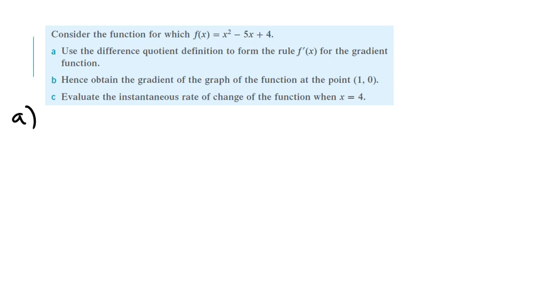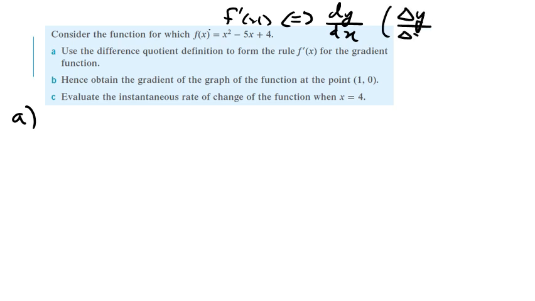I did forget to mention one more thing. f dash of x is the same as dy dx, which, if you remember, we were using this notation before. They're both the same, okay? So if you ever see f dash of x or dy dx, you are finding the rate of change, okay?